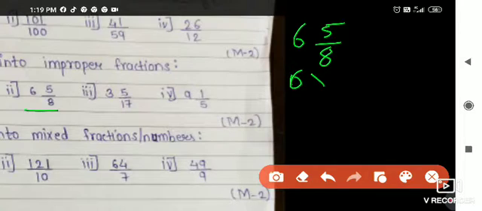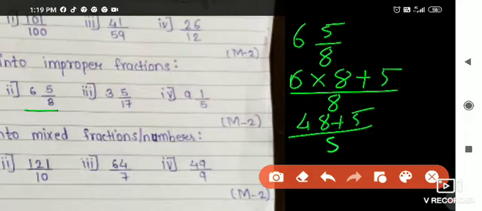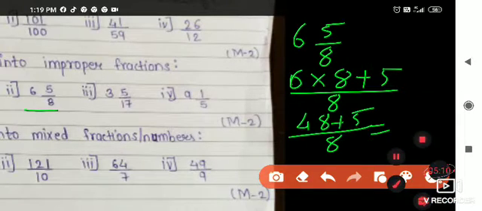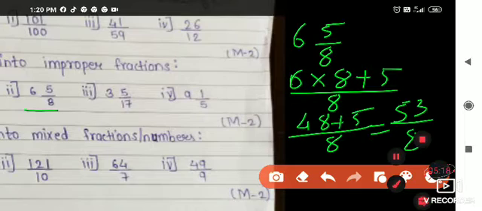So 6 into 8 plus 5 upon 8. 6 eights are 48 plus 5 upon 8. So 48 plus 5 is 53 upon 8. 53 upon 8 is the answer of this question.